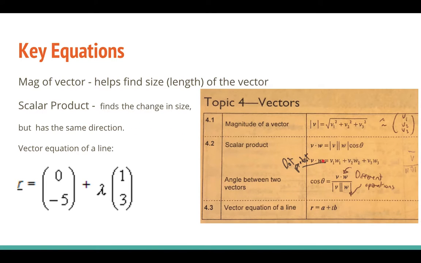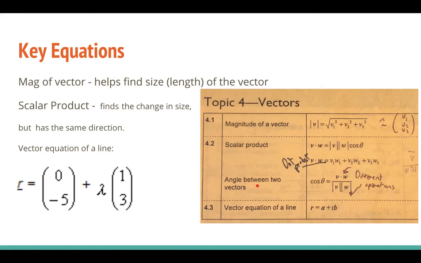What you need here is two different vectors, and you multiply the corresponding values. So the i values, you multiply those two, you add it to the j values multiplied together, and then you add those to the k values multiplied together. When you add them all up, you get your scalar product.